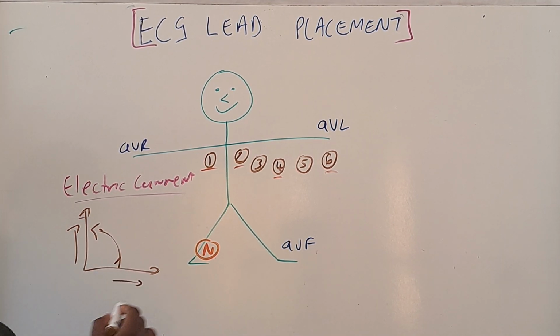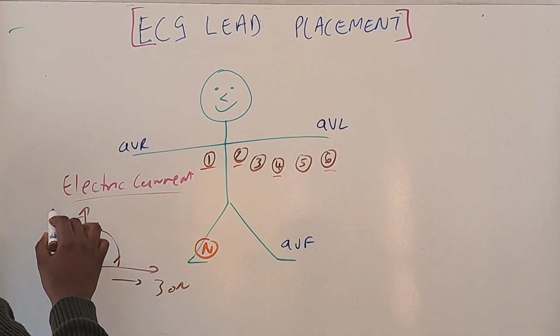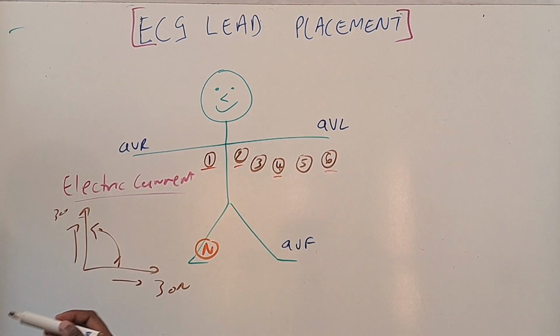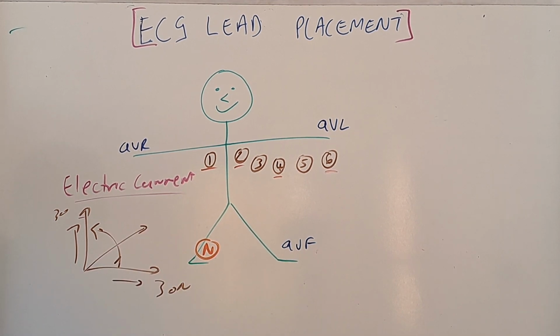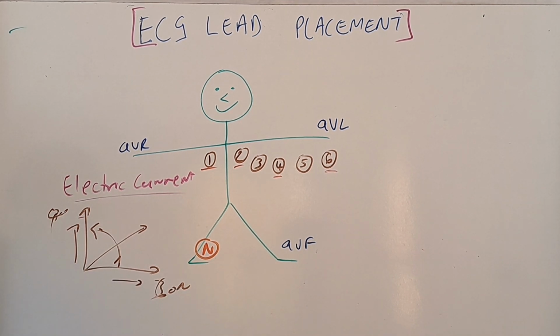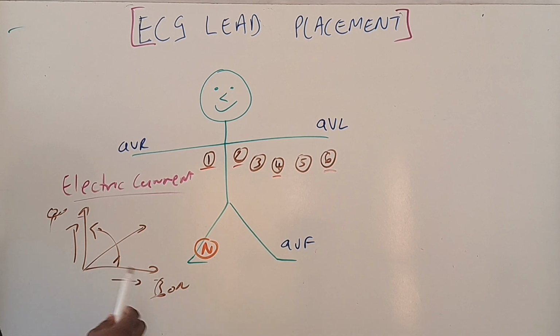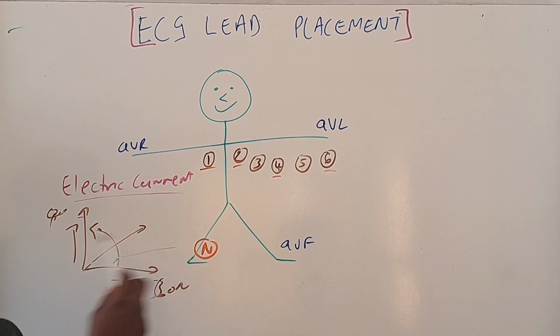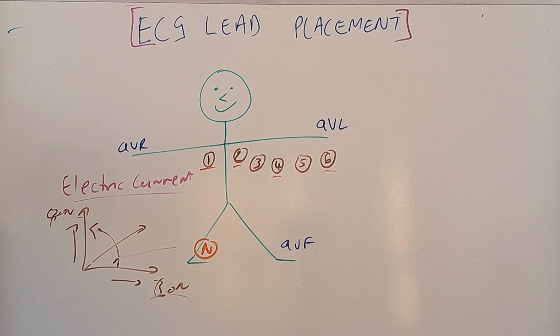Maybe if this force is about 13 newtons and this one is about 13 newtons, your resultant is going to be at 45 degrees. But if this is 40 and this is 60, your resultant will be towards this direction, because this force is stronger than this force, which is only 14 newtons.